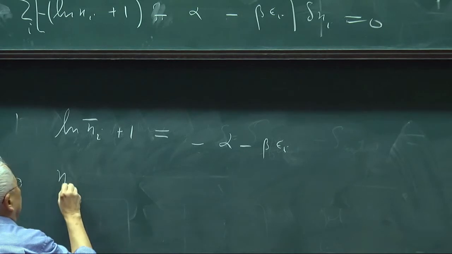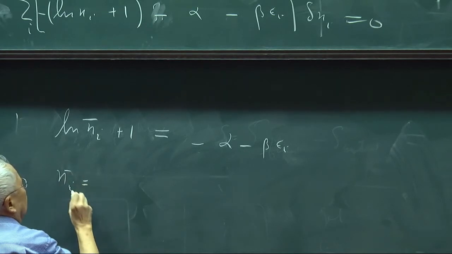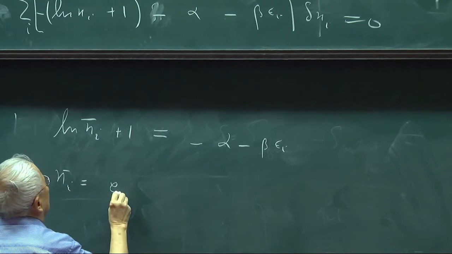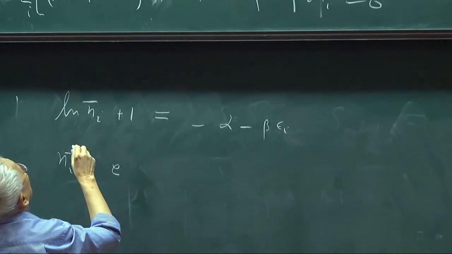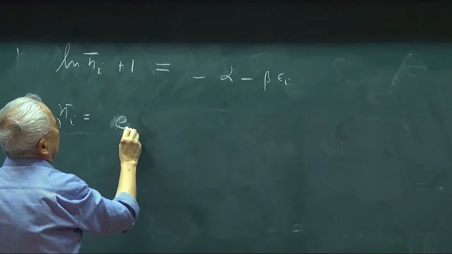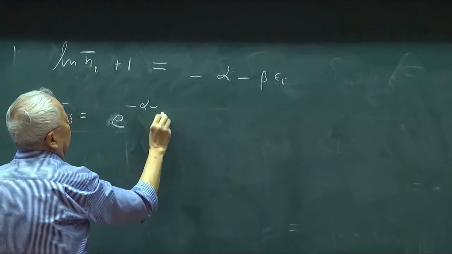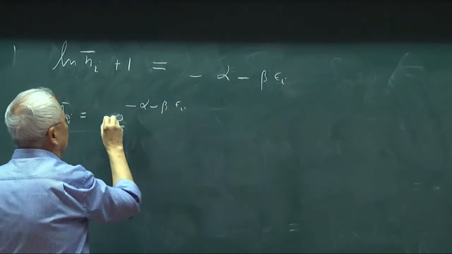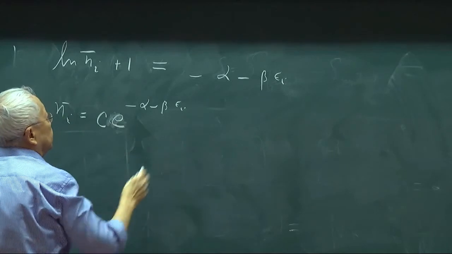And therefore n bar, Ni bar, is equal to e to the minus alpha minus beta epsilon I times some constant.